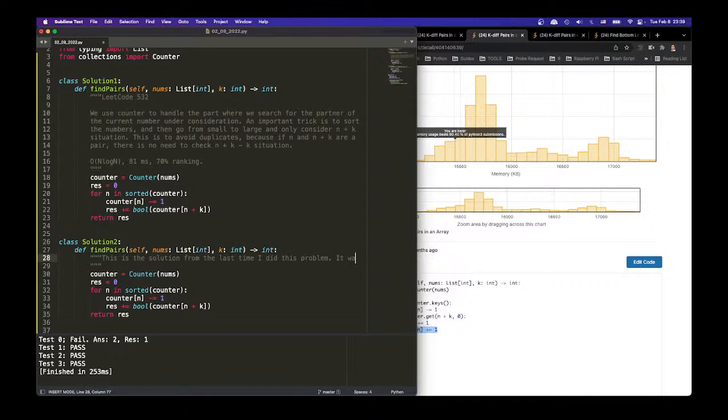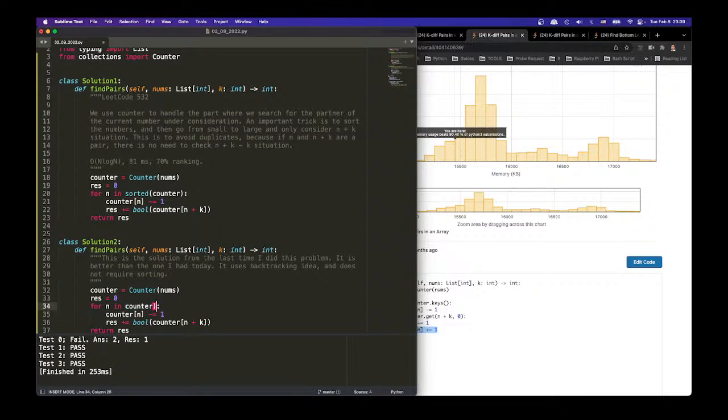It is better than the one I had today. It uses backtracking, right? Backtracking idea. And does not require sorting.